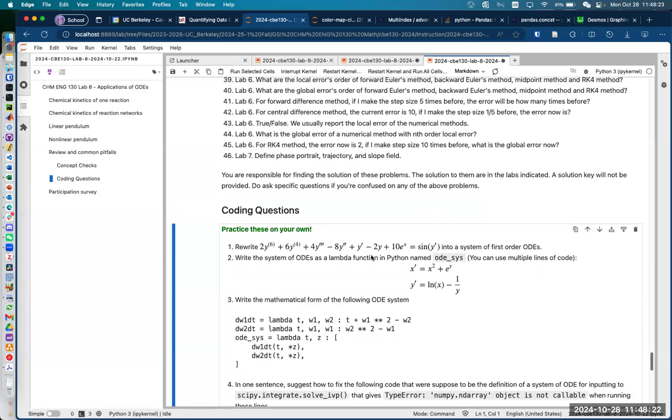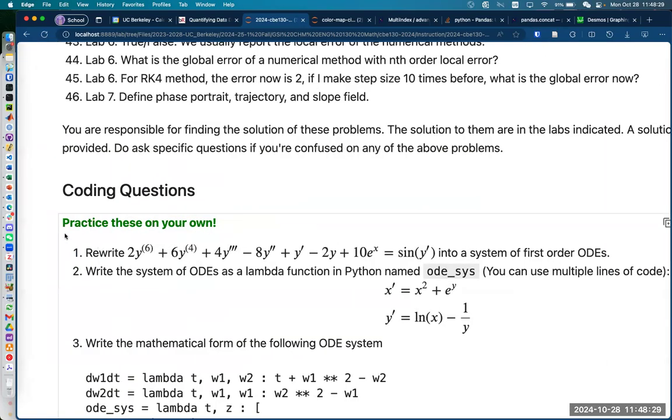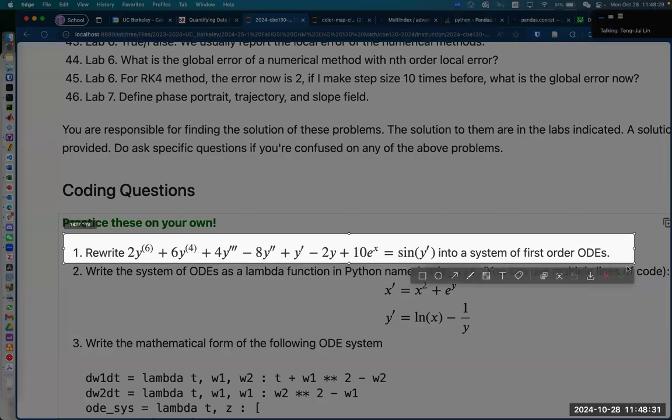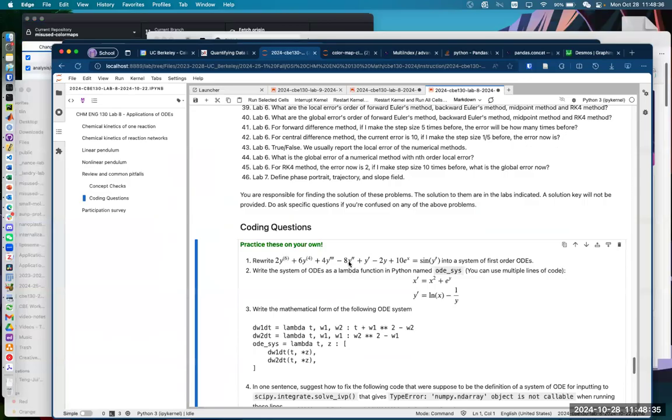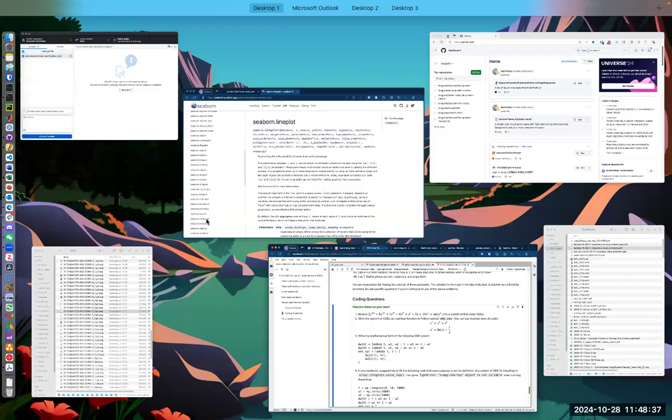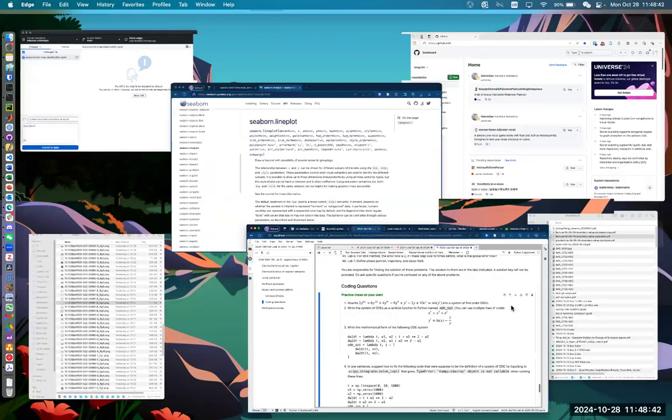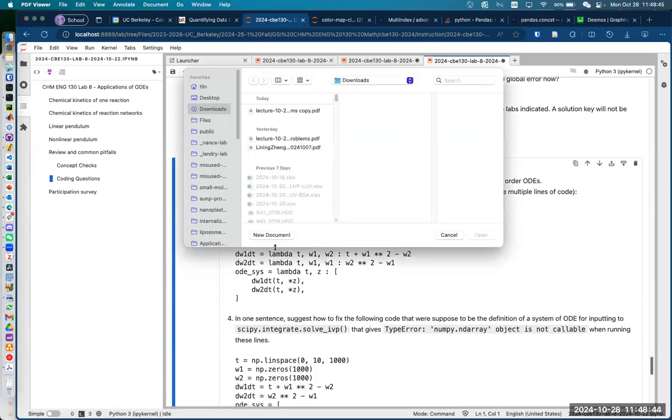Okay, let's do this problem. Rewrite into a system of these. All these problems are really important. I'm telling you, on Friday, so please do check them out.